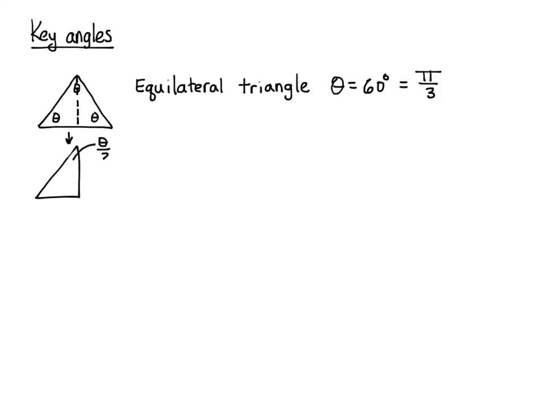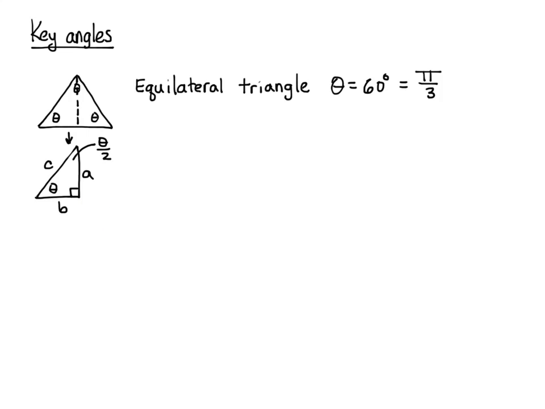And let's cut this in half now. So we have this triangle that you would call a 30, 60, 90 triangle, where this is going to be 60 degrees, this is 30 degrees, and this is 90 degrees. Or better, pi over 3, pi over 6, and of course pi over 2.